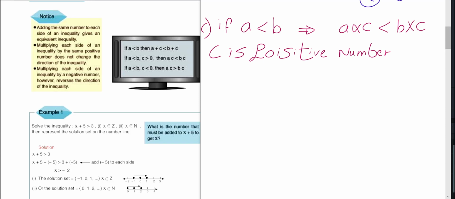Let A be less than B and C be a positive number. We multiply C to both sides of the inequality, but C here is a positive number. As we said before, A is equal to 5, less than 7, which is B. C is equal to 1. Of course 1 here is a positive number.